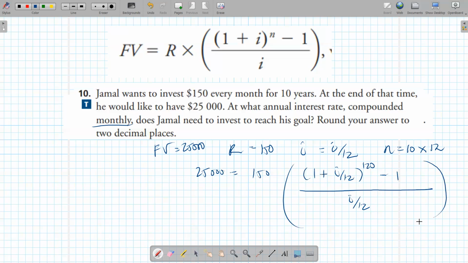Any ideas on what the first step is going to be? You divide by 150. Yeah, you can divide by 150. So 25,000 divided by 150 is 166.67. Okay, ignore this, get rid of the bracket as well.